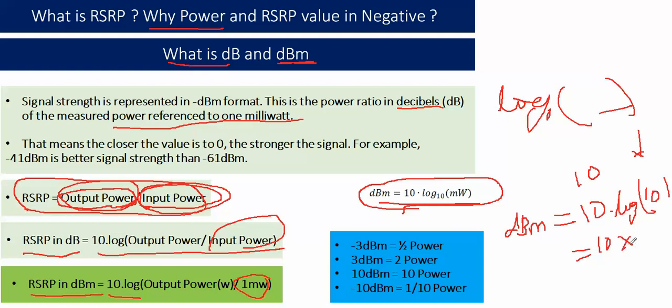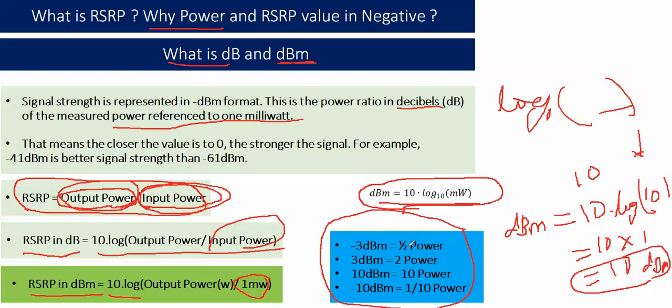Log 10 is 1, so 10 times 1 gives 10 dBm, a positive value. We can also use 2 milliwatts. I think you understand. Finally, this is the shortcut formula.